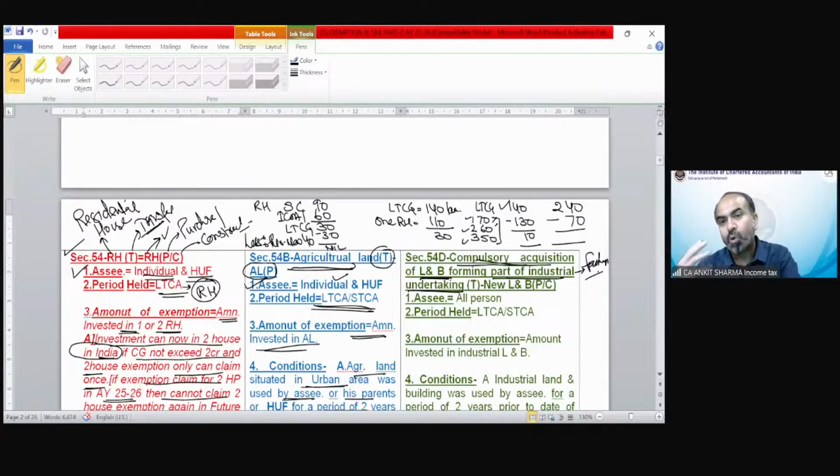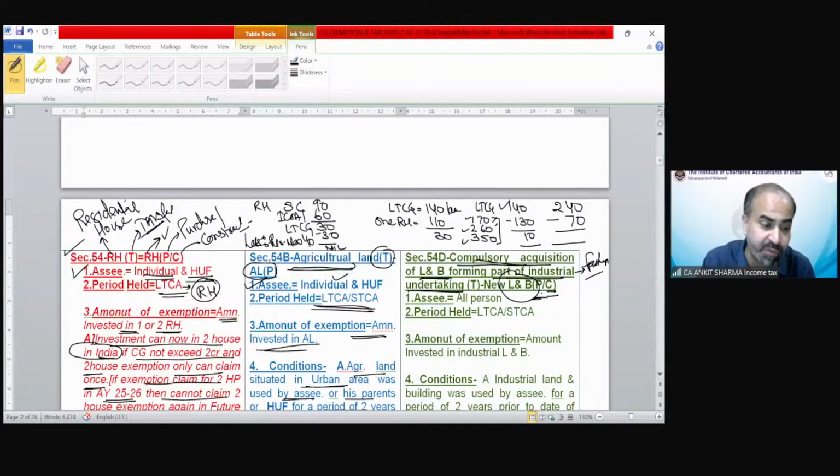So now from the OC/EC, you may start a new factory again. So if you purchase land and building or construct your factory, then the amount you invest on purchase of a new factory or construct, we will give you the exemption under section 54D.